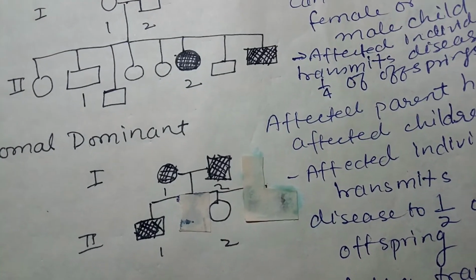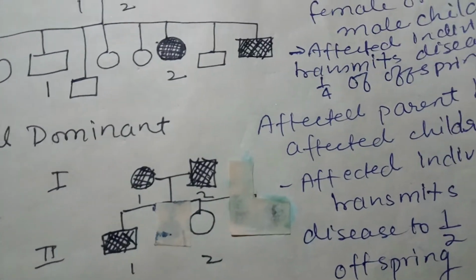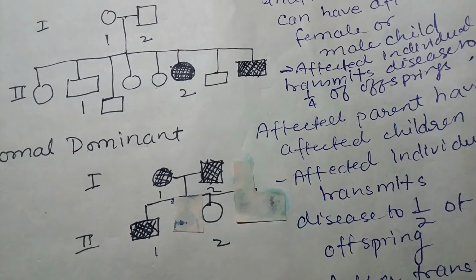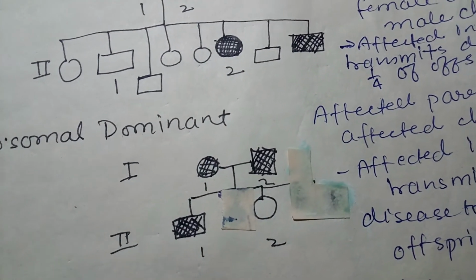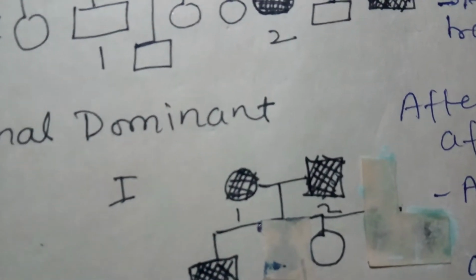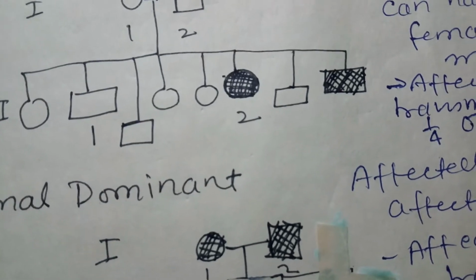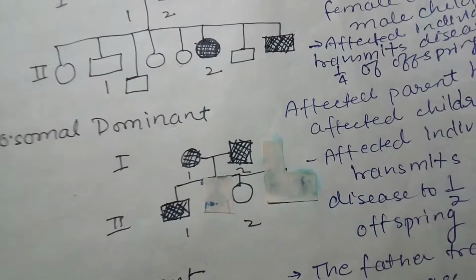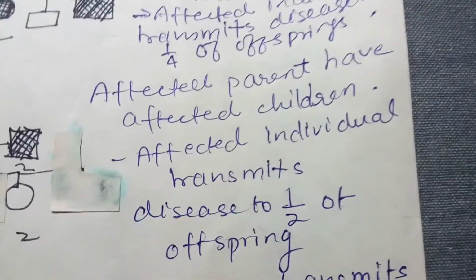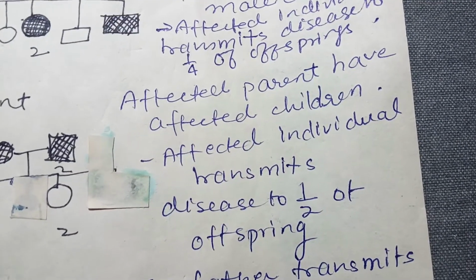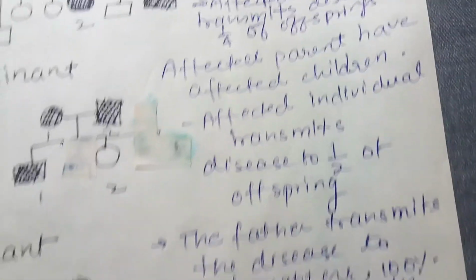But there are chances that there is a normal female, because she is heterozygous here in the first generation. That's why this female is not affected. So an affected individual transmits the disease to half of the offspring.